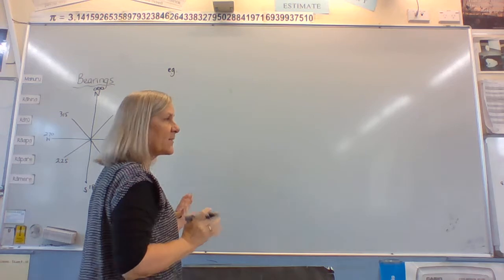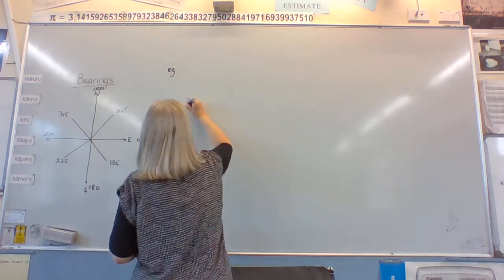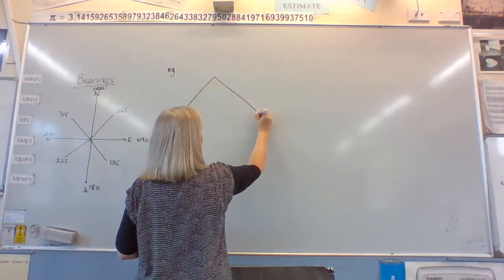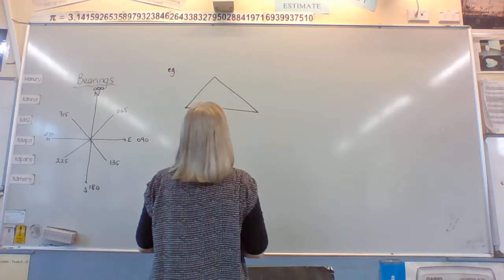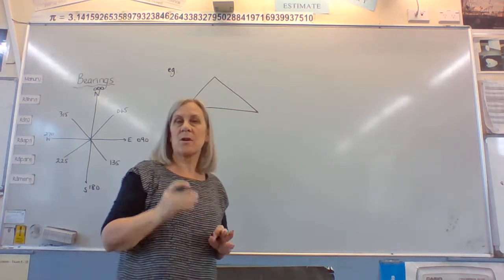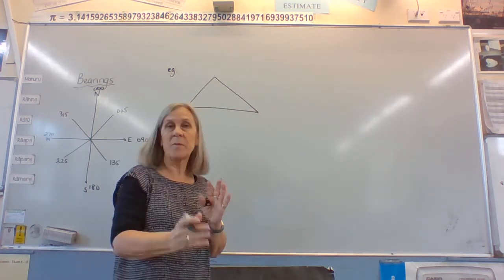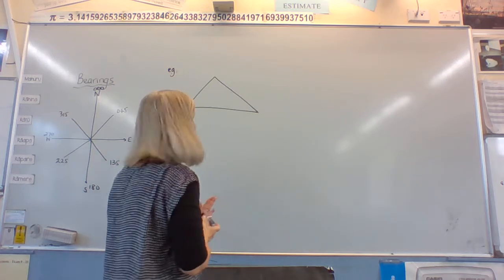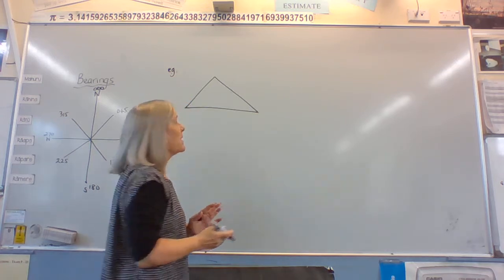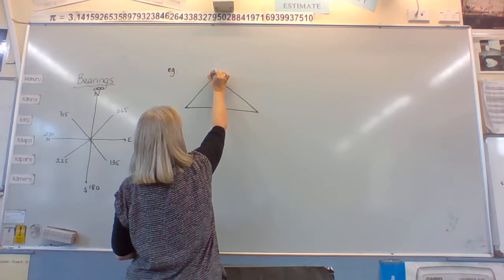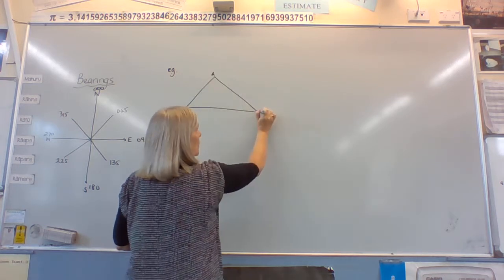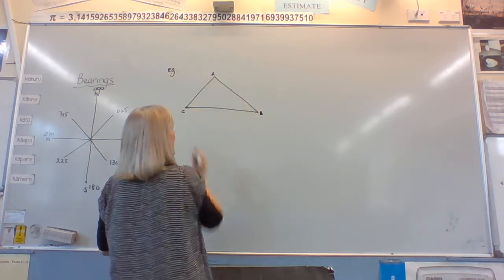Let's say they've given us a diagram of a course for the swimming leg of a triathlon or something like that. They're leaving from point A and going through points B, C and home.